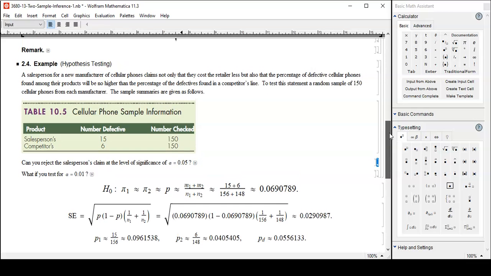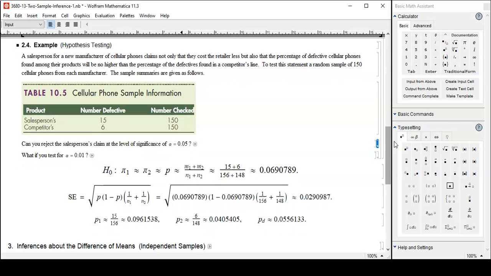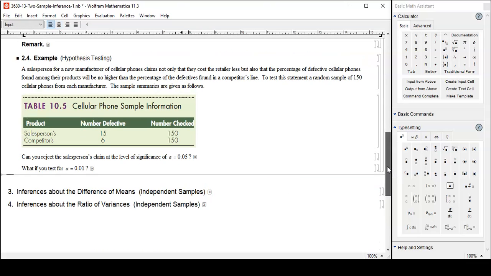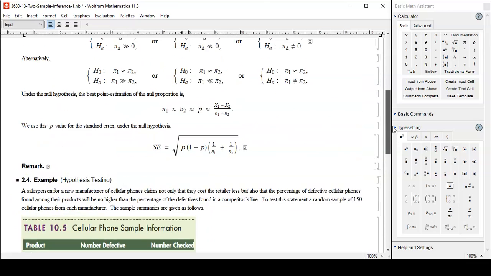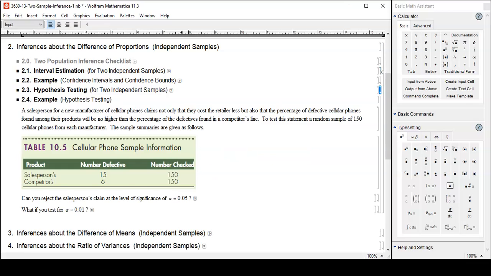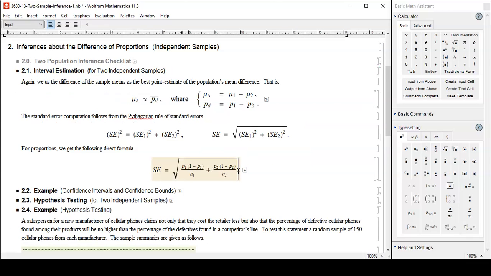So the conclusion: hypothesis testing for two-sample inference is very different from hypothesis testing for one-sample inference. We have to do a lot of adjustment. For interval estimation, there wasn't too much actually. All we had to do was use that new SE like this and take the difference.